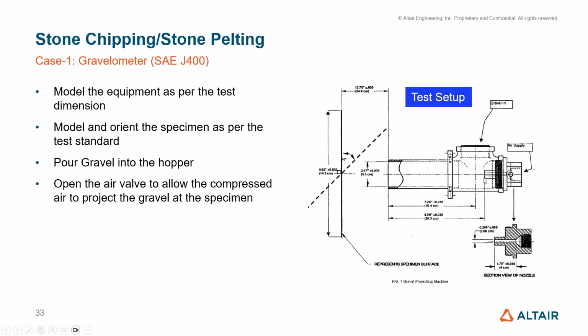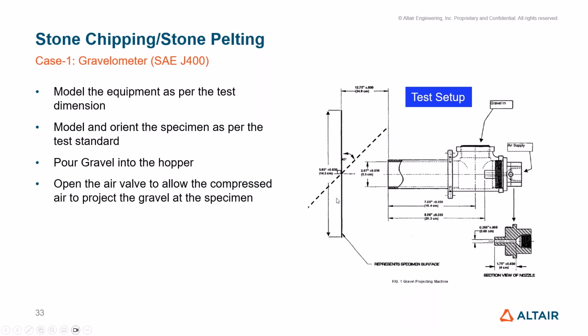Due to the high velocity of the compressed air, the gravel will be hitting, and then it will be traveling along its path, and the key part, for which the force or the damage or the wear is to be measured, will be placed at a distance given from the test standard.